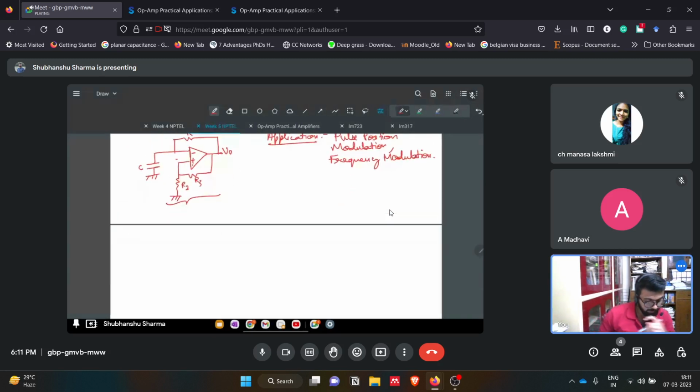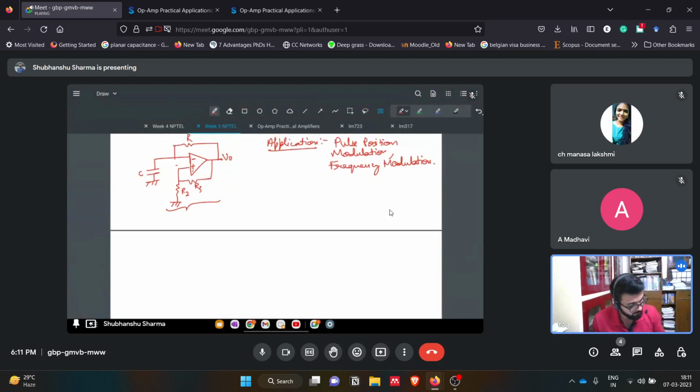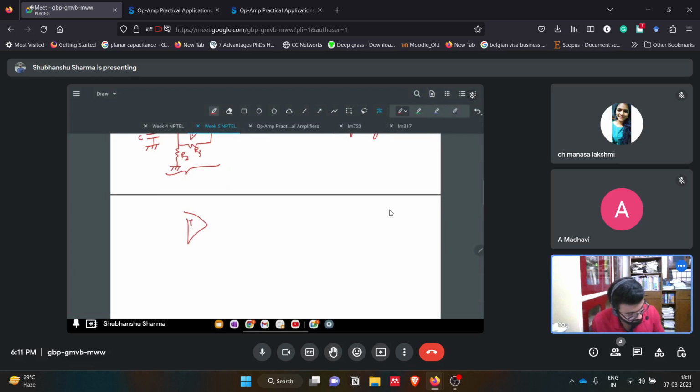If we see the circuit, first think about how Schmitt triggers work. Let's say this was an inverting Schmitt trigger circuit, like this. This one was R1, this one was R2, this one was V naught. Let's say this is VB voltage and this is VA voltage. VB is at the non-inverting side of the op-amp, and VA is at the inverting side. Based on the magnitude of VA and VB, we were deciding what V naught will be.